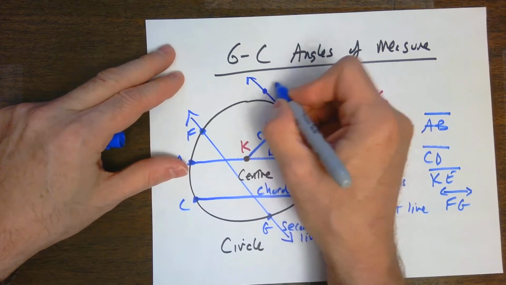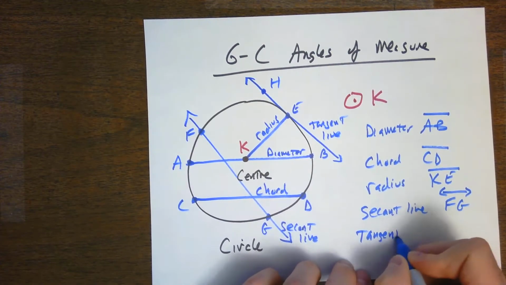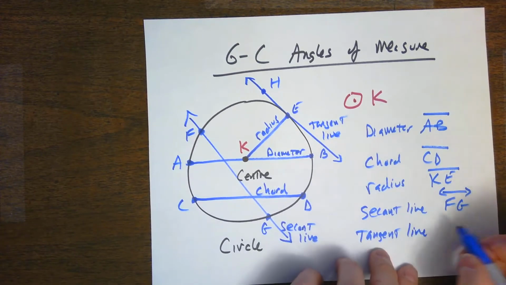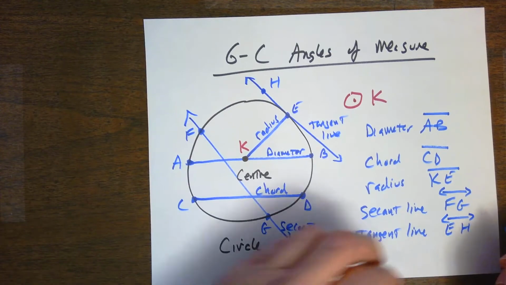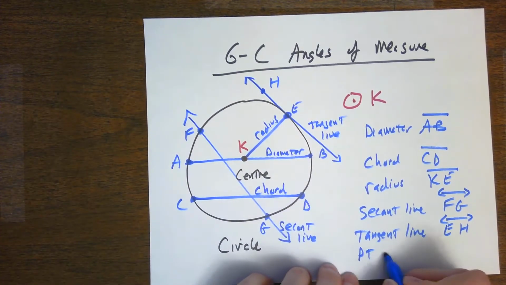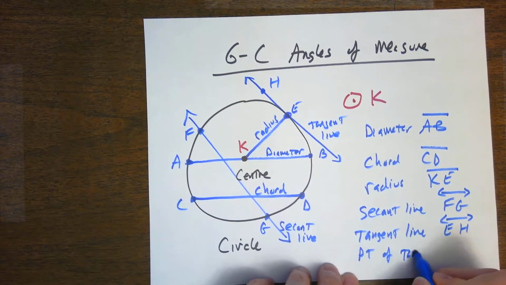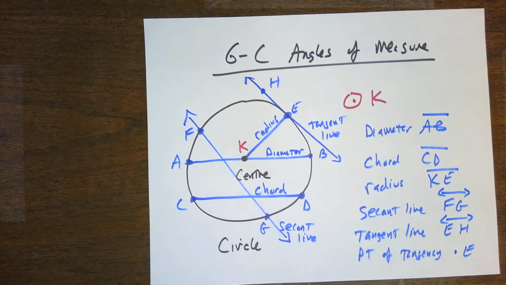Let me give another point on there, call it H. So tangent line is the line EH, and this point right here is the point of tangency, point E, where the tangent line touches the circle.